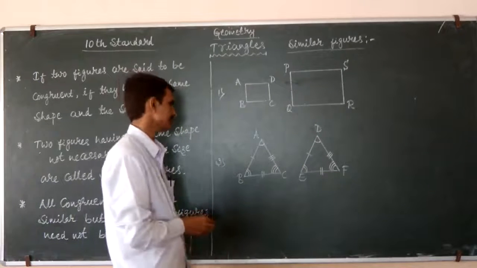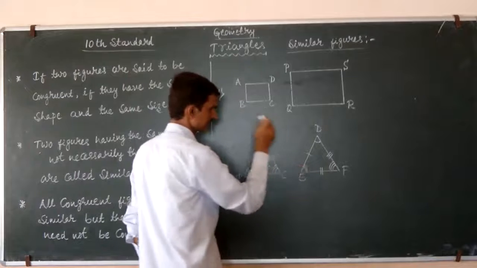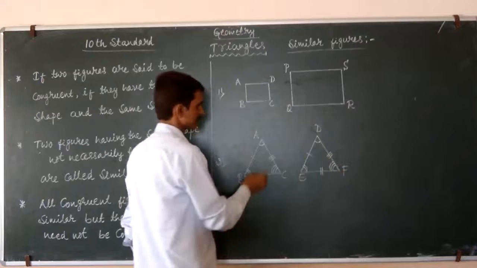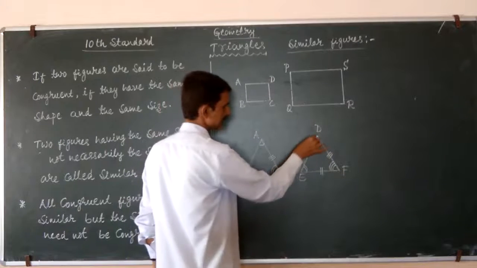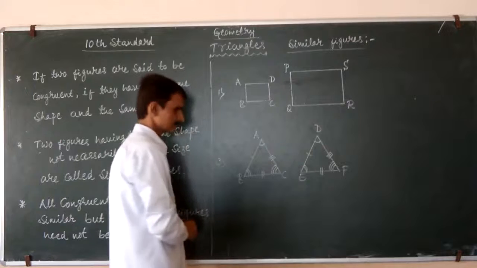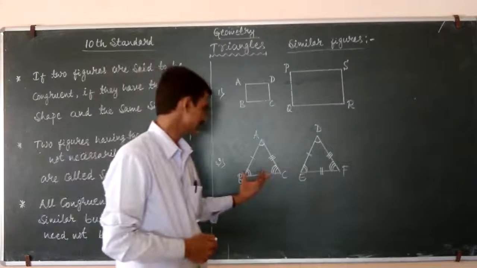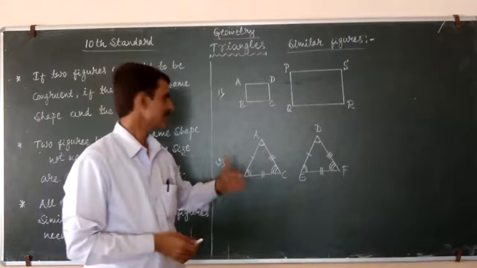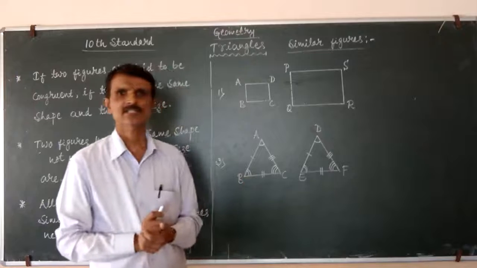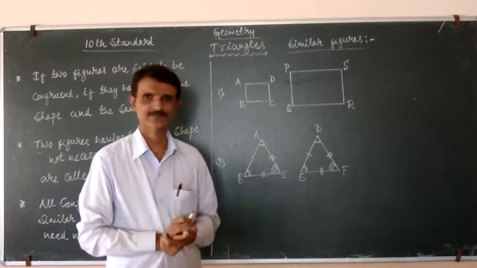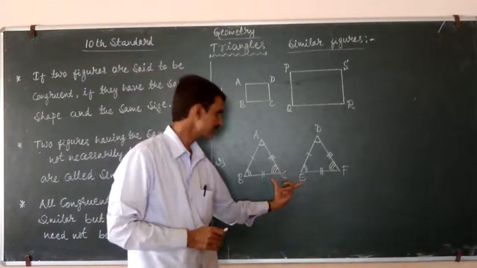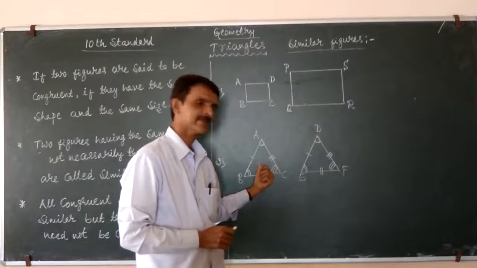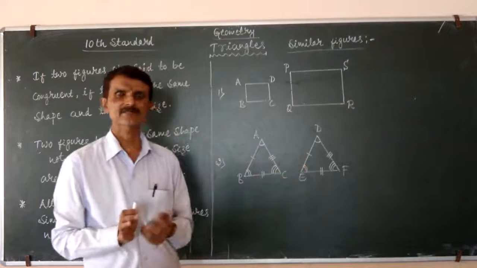In these triangles, side AB is equal to side DE, side BC is equal to side EF, and side AC is equal to side DF. Therefore, these two triangles have the same shape and the same size.